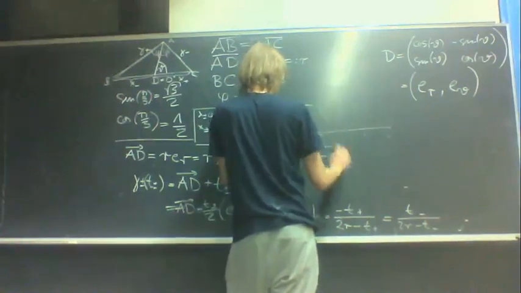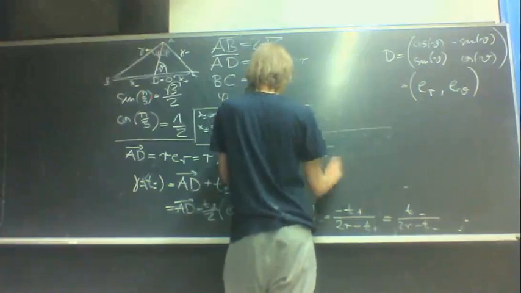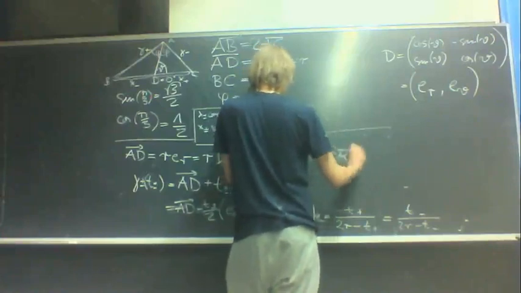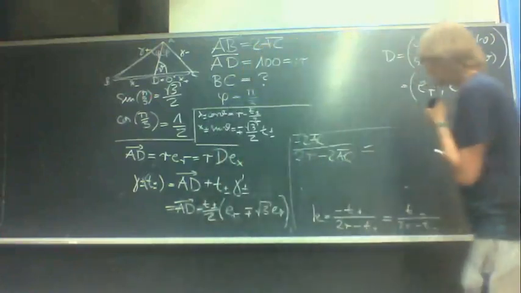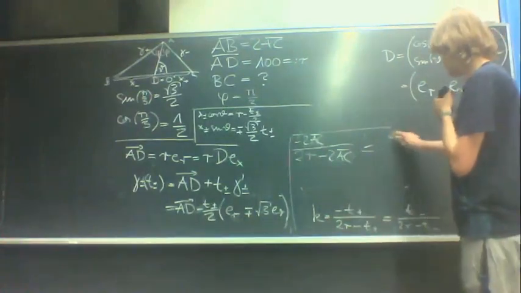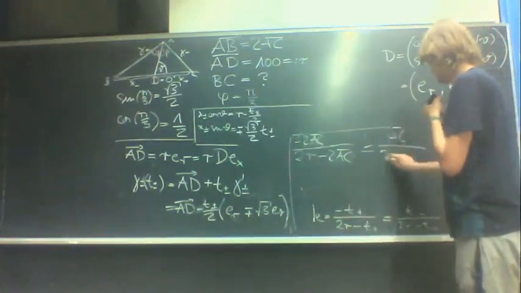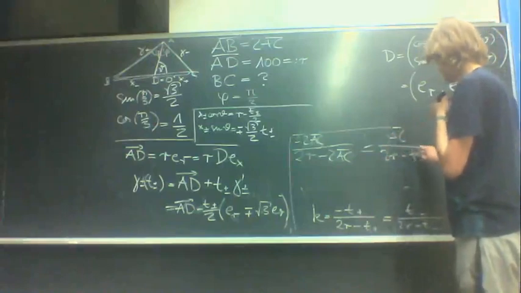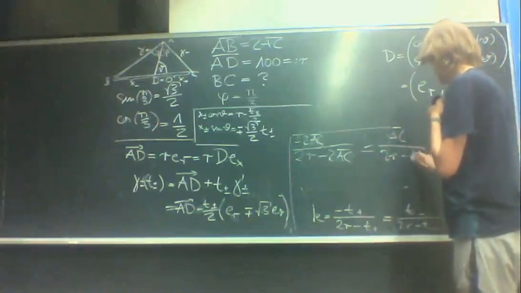It's much easier. This will be AC over 2r minus AC.